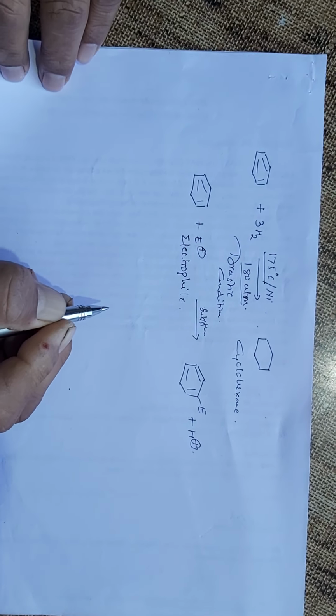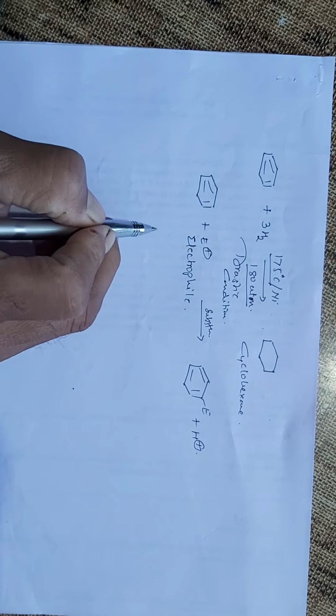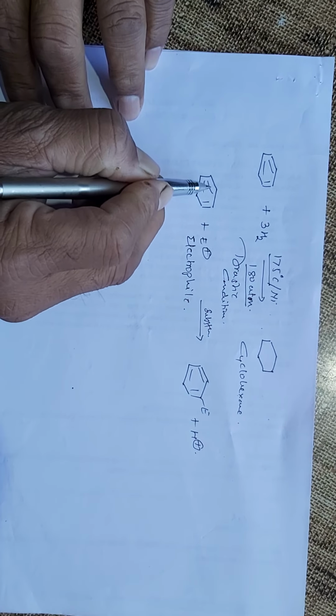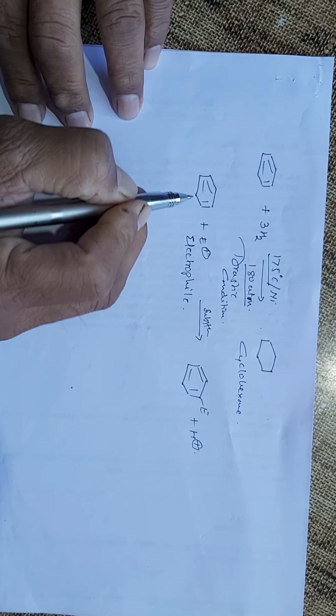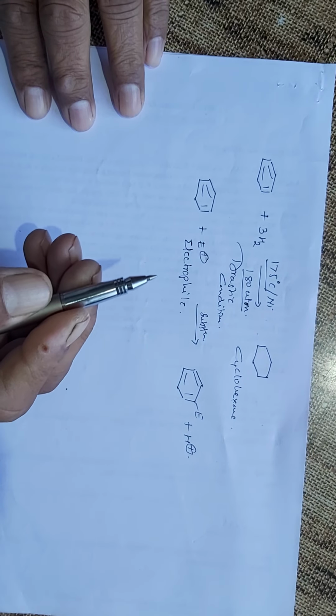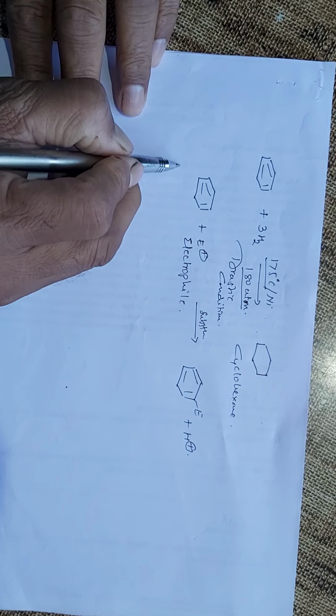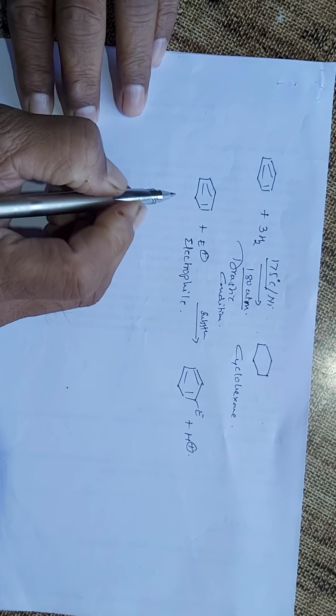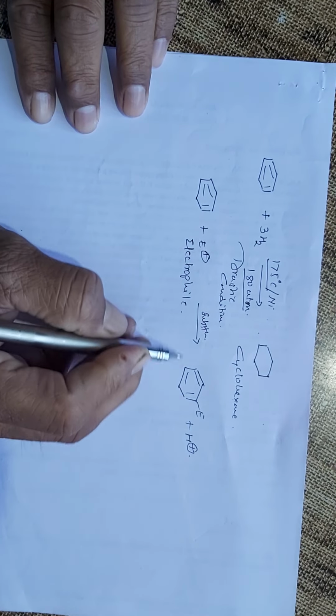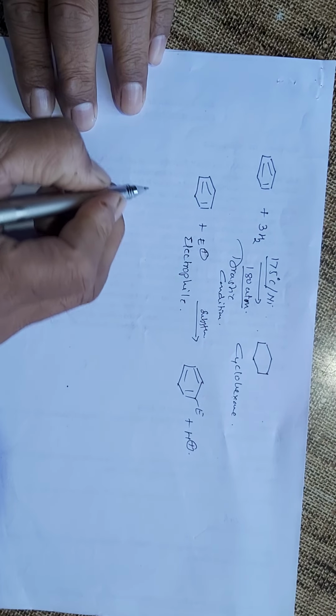Now why does it give electrophilic substitution? Because benzene contains 6 pi electrons and acquires considerably good nucleophilic character. So benzene is nucleophilic in nature, and that's why it readily undergoes electrophilic substitution reactions.